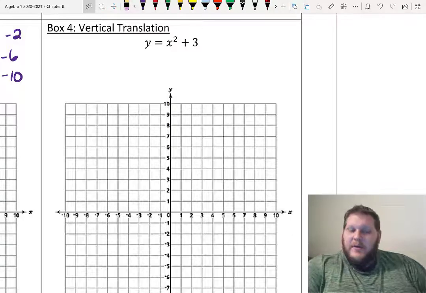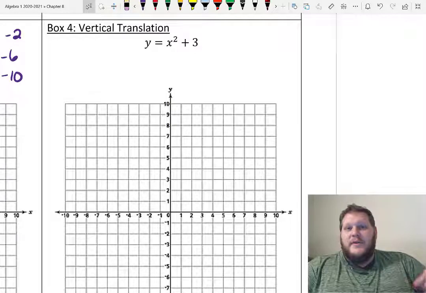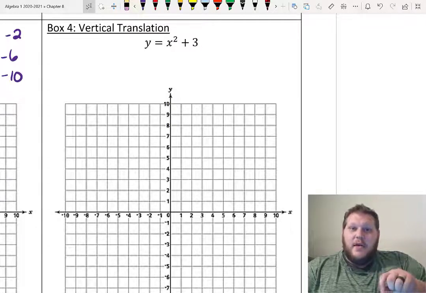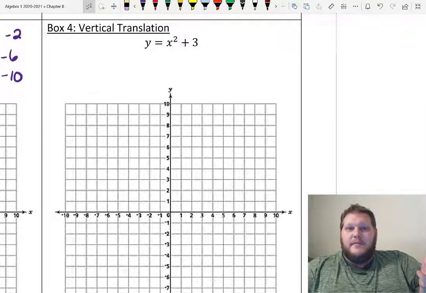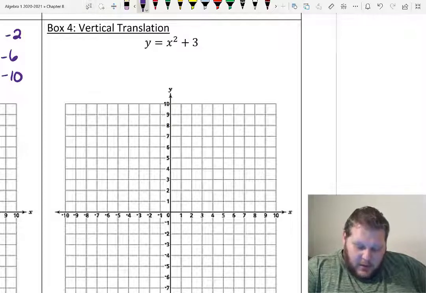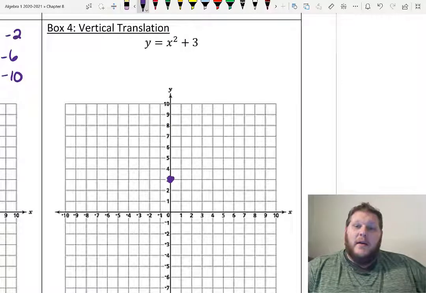So in this case, I have a plus 3 in my equation, all that's going to do is take my vertex from 0, 0 up 3 units. So from the origin, I can go up 3, and there's my vertex. So right there at 0, 3 is now my vertex.